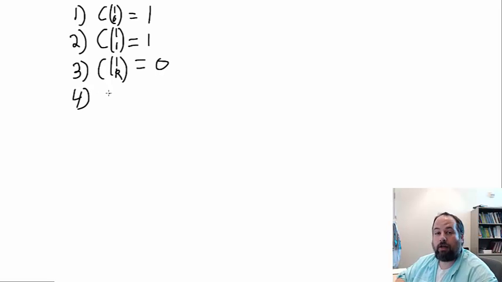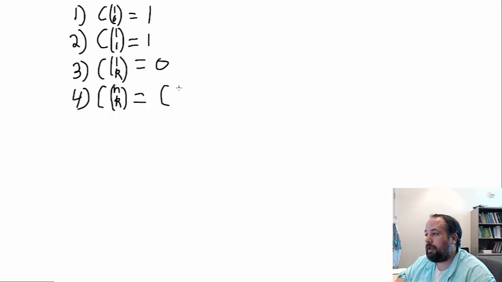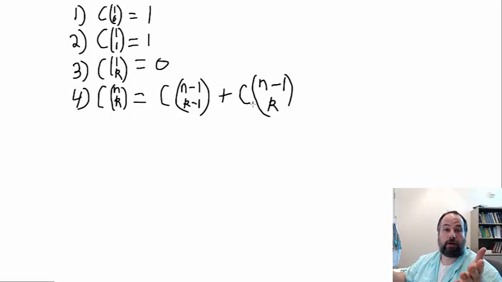And in any other case, n choose k is equal to n minus 1 choose k minus 1 plus n minus 1 choose k for any n greater than 1.